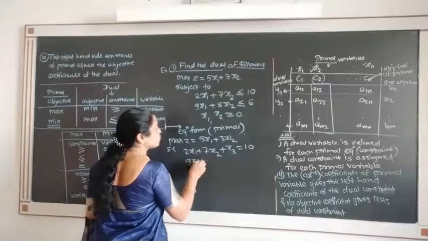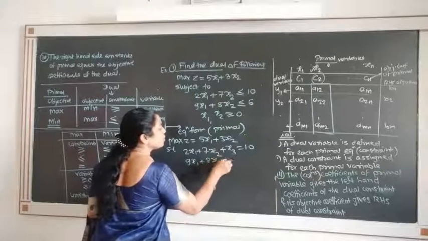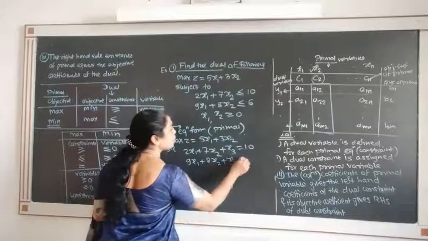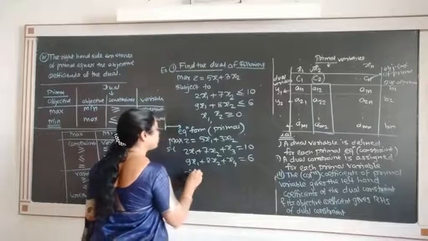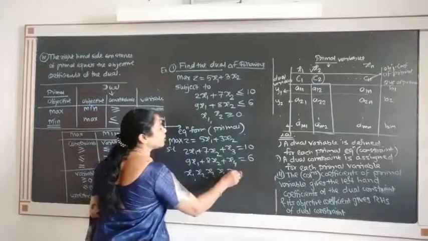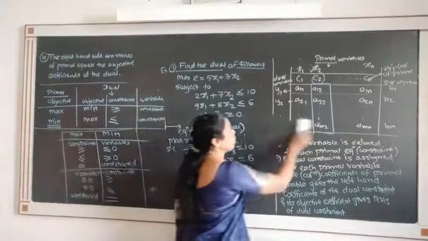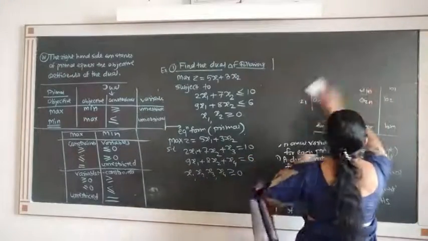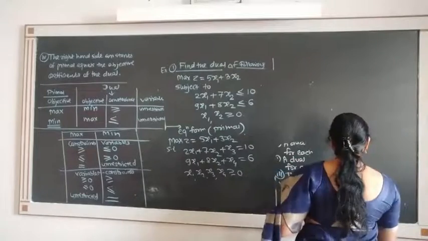Similarly, 9x1 plus 8x2 plus slack variable x4 equal to 6, and x1, x2, x3, x4 all greater than or equal to 0. Now see this. This is our primal in equation form.